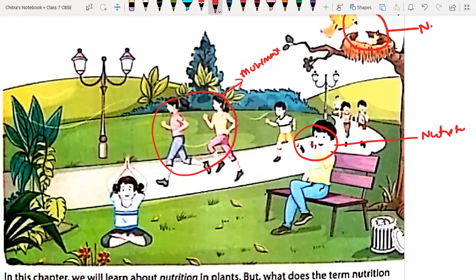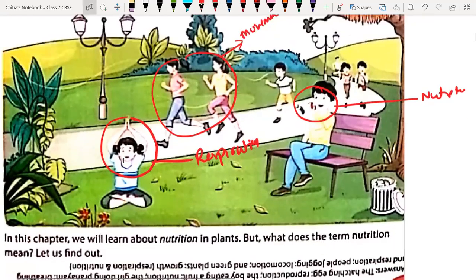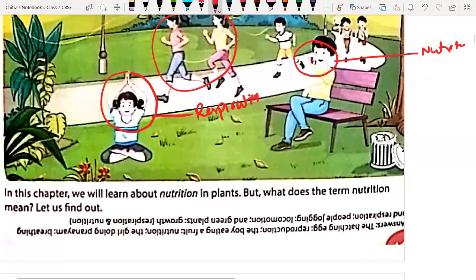These students are also breathing. All the students are breathing, so it is respiration. Human beings also reproduce, so here we can say new plants are being formed. Again, it is due to reproduction. Here the plant performs photosynthesis. Again, it is nutrition, which is a life process.